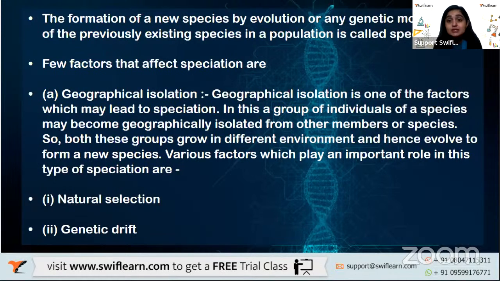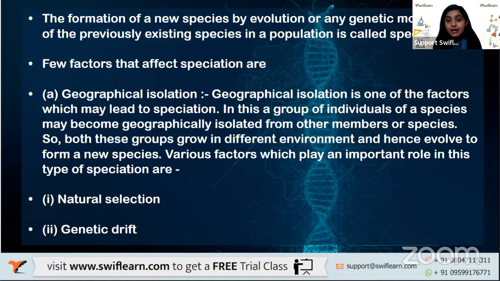Geographical isolation is one of the factors which may lead to speciation. In this, a group of individuals of a species may become geographically isolated from other members of the species. So both these groups grow in different environments and hence evolve to form a new species.